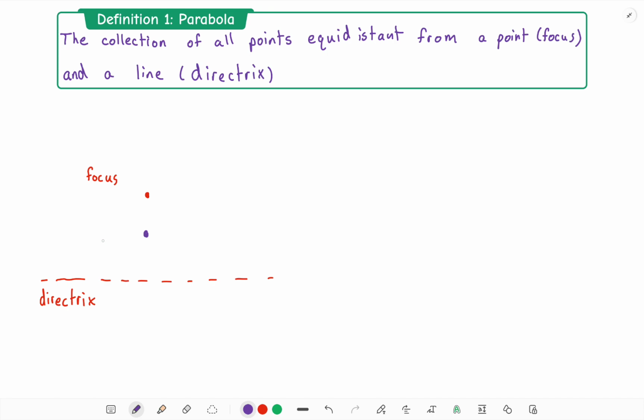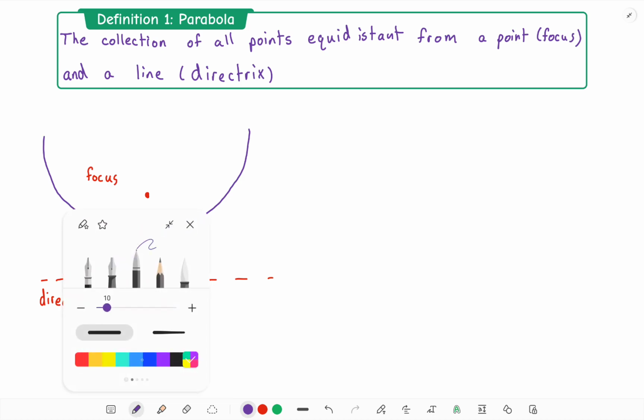And this point has a special name. It's called the vertex. And now when I sweep out the rest of the points that are equidistant, we get a U shape.